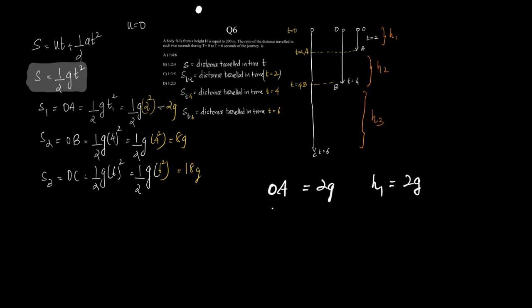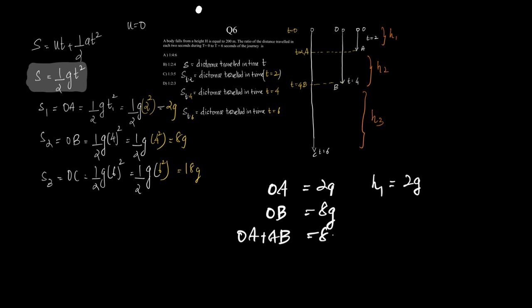Now, if OB is equal to 8g, what does that imply from the figure? What is OB? OB is H1 plus H2. So we have again OB is OA plus AB. I think we should write down that part also. Okay. So next is OB is equal to 8g. But what is OB? OB is OA plus AB.